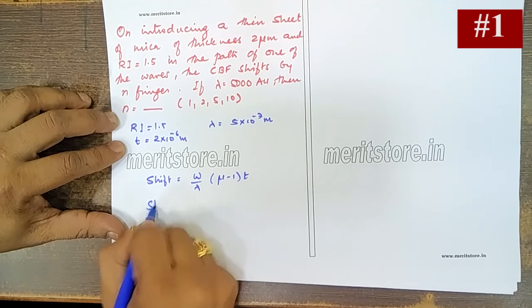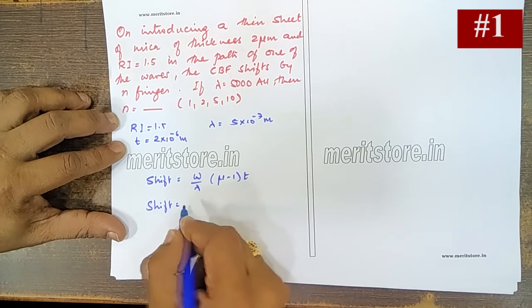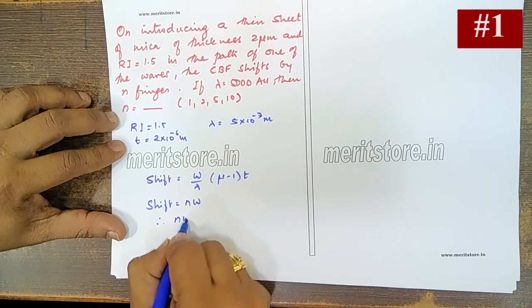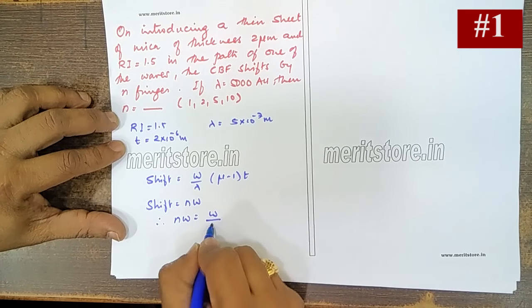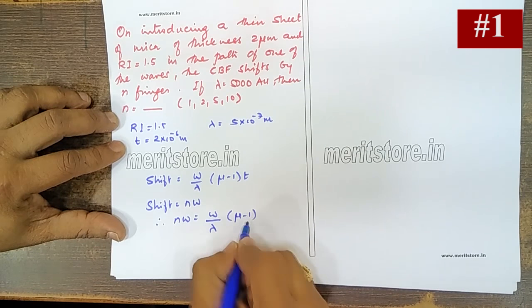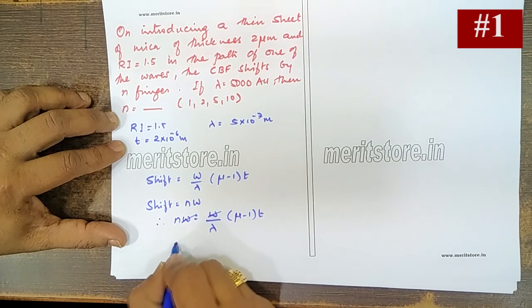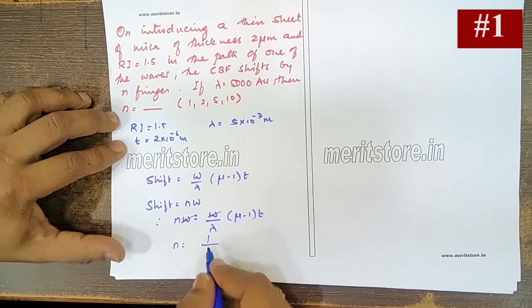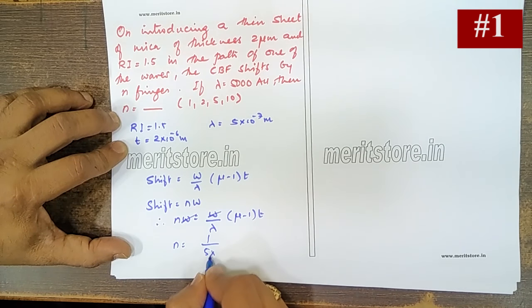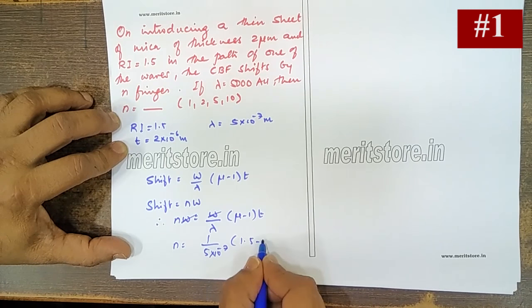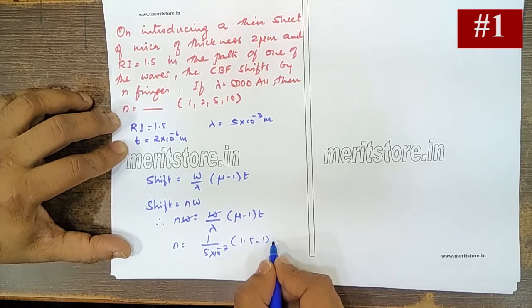Now here they have said the shift is also given as n fringes. N fringes means nW. Therefore, nW is equal to W by lambda into (mu minus 1) into thickness. So W and W cancel. N is equal to 1 upon 5 into 10 raised to minus 7, into (1.5 minus 1), into thickness, which is 2 into 10 raised to minus 6.